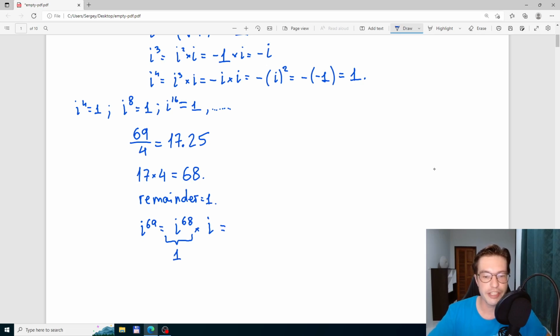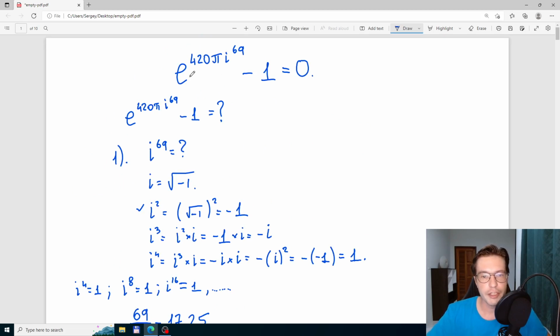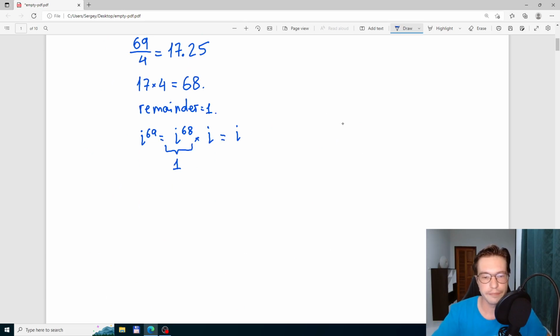So that means I to the power of 69 is just I. So our original equation, e to the power of 420 pi I to the power of 69 minus 1, let's write it down, is actually e to the power of 420 pi I minus 1.